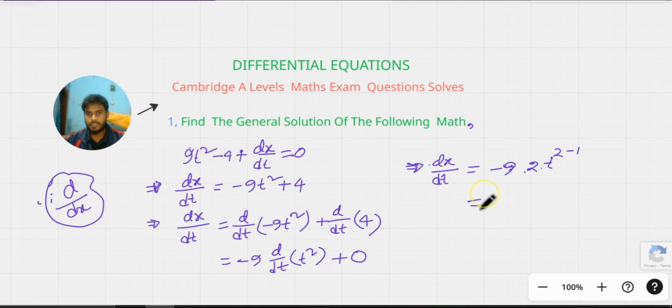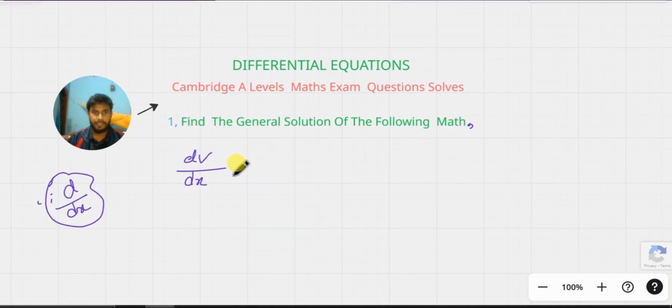Minus 9 times 2, that means minus 18t^(2-1), equal to minus 18t. So this is the answer of these questions.